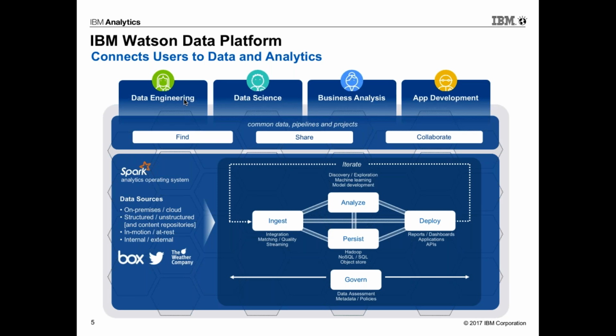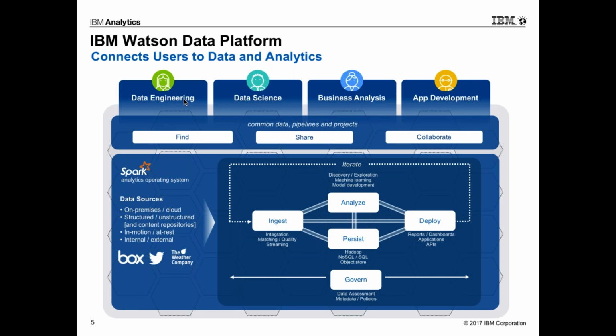The three different options this platform gives are the option to find your data, to share it, and to collaborate in real time. These three are the main functions that are focused on while working on a project. The common types of data are the ones we discussed, and then there are the pipelines and projects.